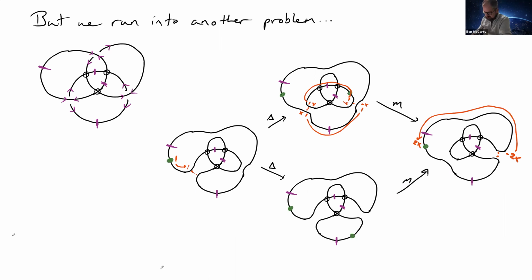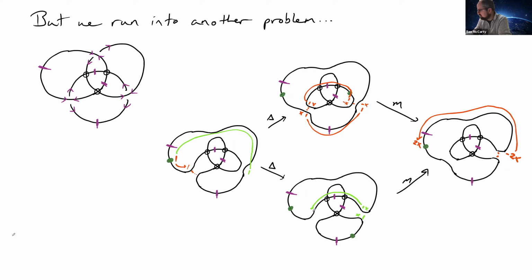Now, let me switch color. Going the other way, I transport it over. It's going through a cut point, but it's a 1, so I'm not going to do anything to it. I'm going to get a 1 x and x 1. And now I have to transport things to the other side.